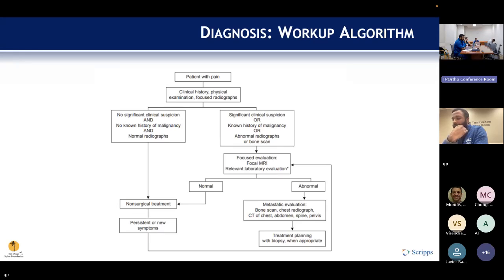But if there are some red flag symptoms or new symptoms, you go to the right side of this, and you'll need the MRI, labs, and a focused metastatic evaluation, which can include bone scan, CT abdomen, pelvis, chest, looking for sites of primary, and even potentially biopsy to get a tissue diagnosis so that you can plan for surgical intervention or treatment.